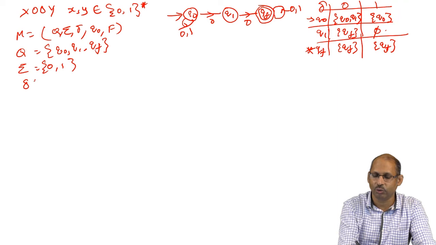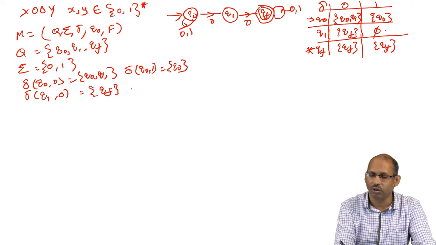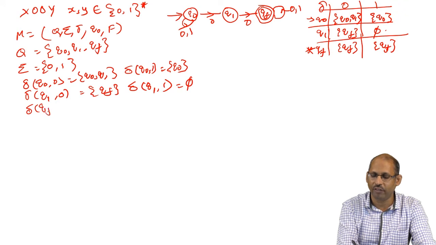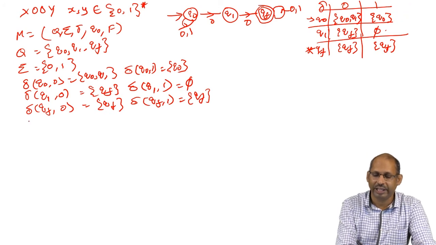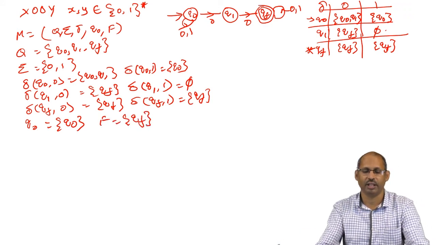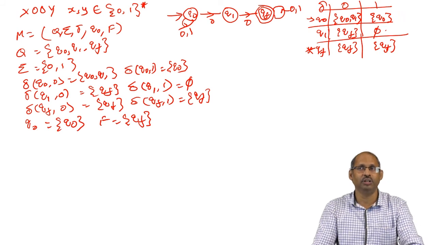The transition function: Q0 on 0 gives {Q0, Q1}, Q0 on 1 gives {Q0} only, Q1 on 0 is {QF}, Q1 on 1 is the empty set, QF on 0 is {QF}, and QF on 1 is {QF}. The initial state is Q0, and the set of final states is {QF}. Here we have represented the 5-tuple notation, transition table, and transition diagram.